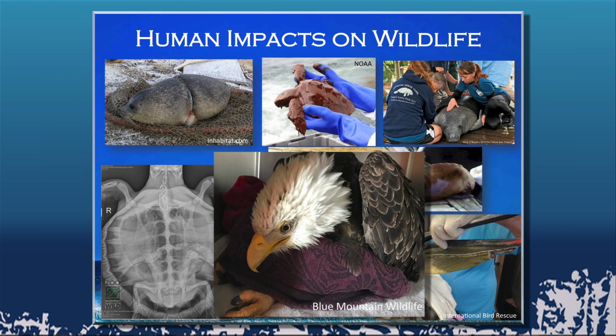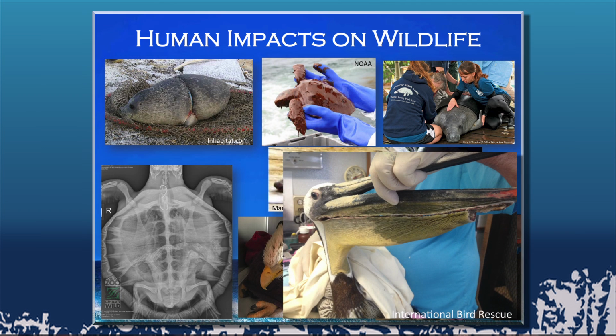This is an American bald eagle that has lead toxicosis from scavenging on an animal carcass that was killed with lead bullets. And this is a patient that was at the International Bird Rescue Center in California. This pelican, they think a fisherman was probably, again, raiding the line or the net, and the fisherman got mad, caught the bird, and cut his pouch with a knife, which is a horrible thing to do.